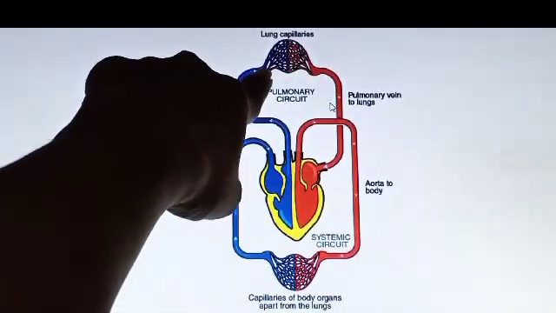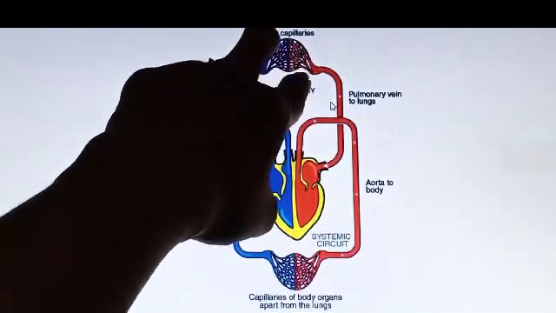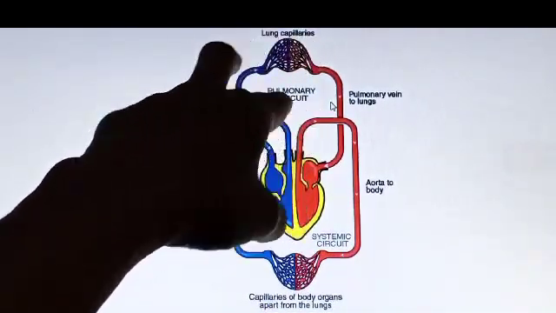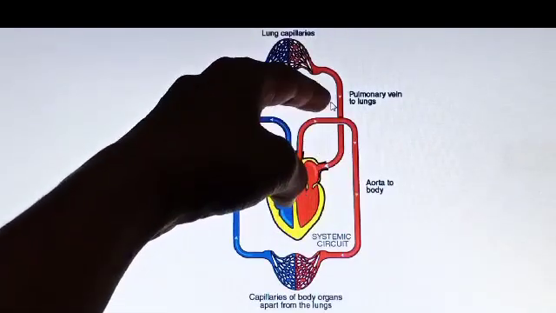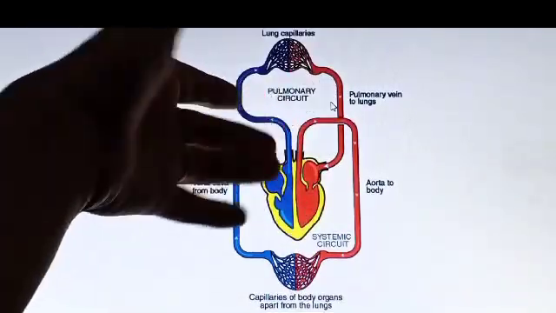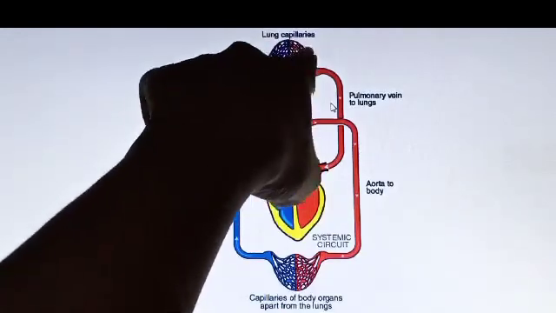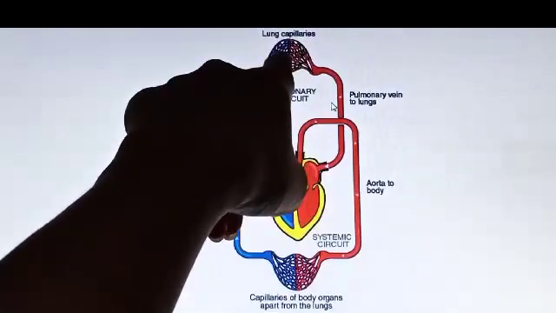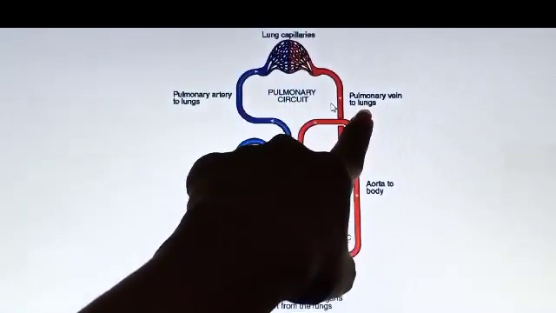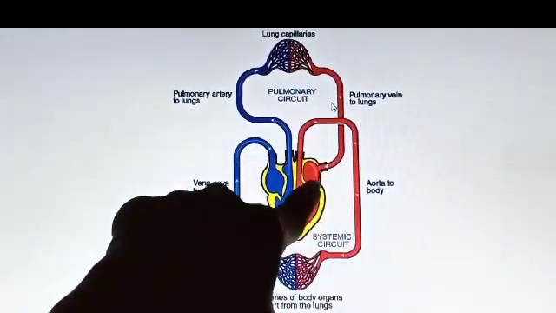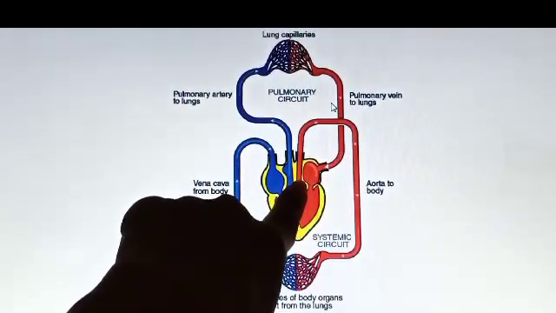Here the gas exchange occurs: oxygen is taken by the capillaries and the CO2 is exhaled. Then the oxygenated blood is carried from the lungs by the pulmonary veins and it opens into the left atrium.